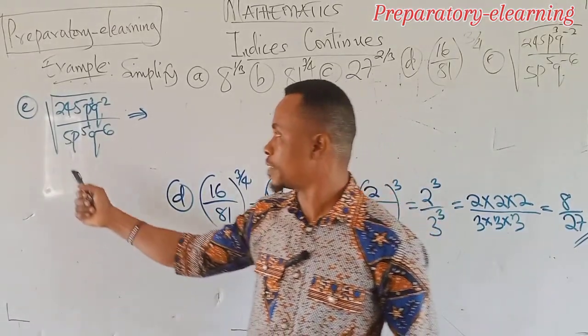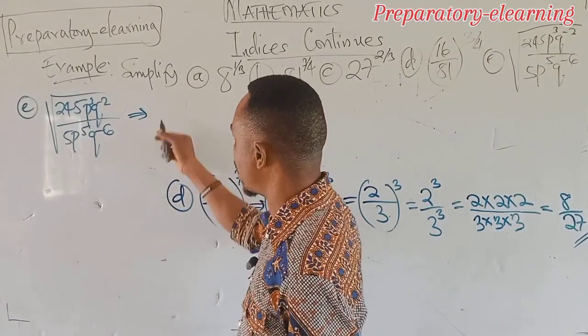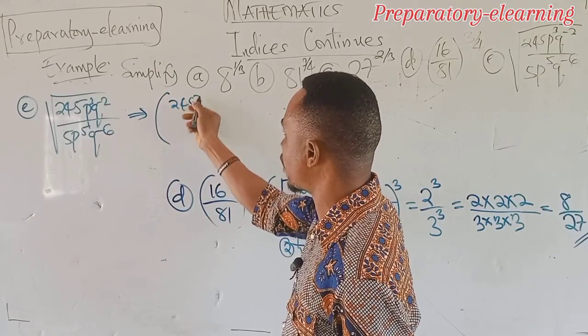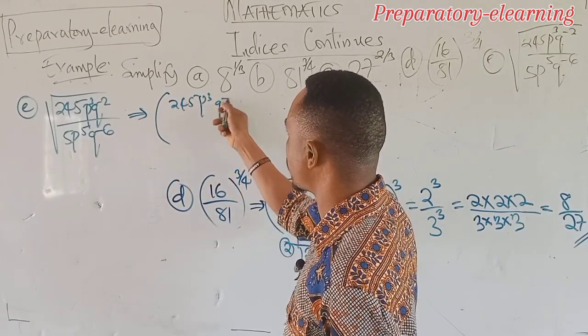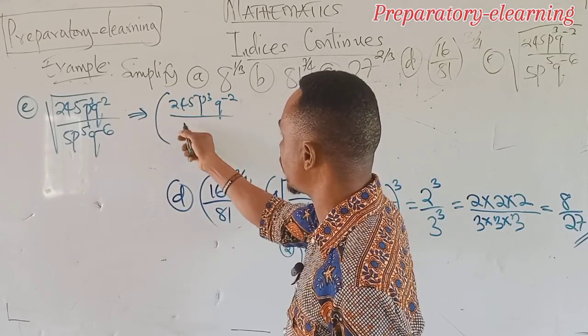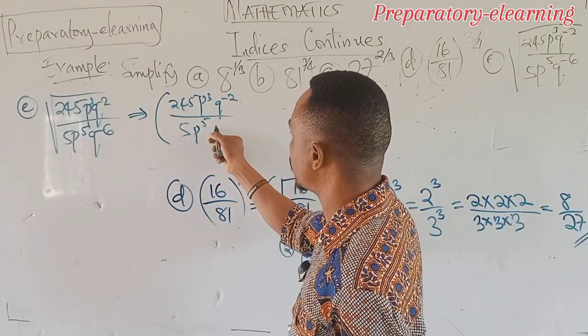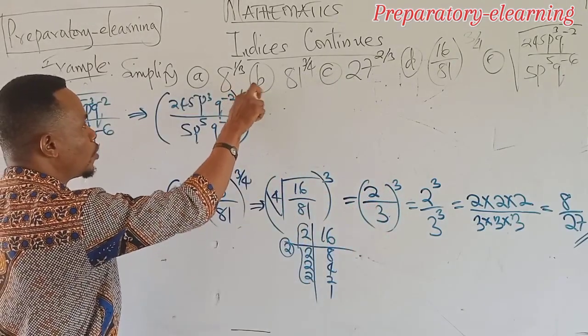You can re-express this square root as power 1 over 2. How do we do that? You put it into a bracket: 245 p power 3 q power minus 2 all over 5 p power 5 q power minus 6, into power 1 over 2.